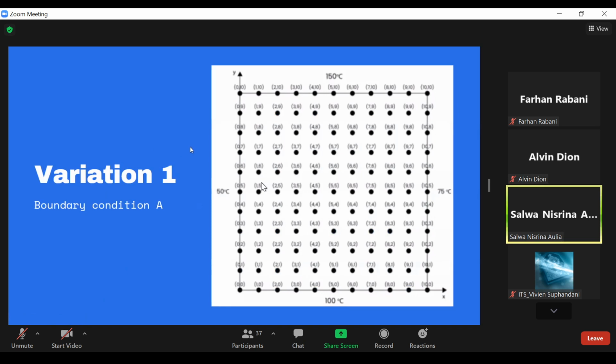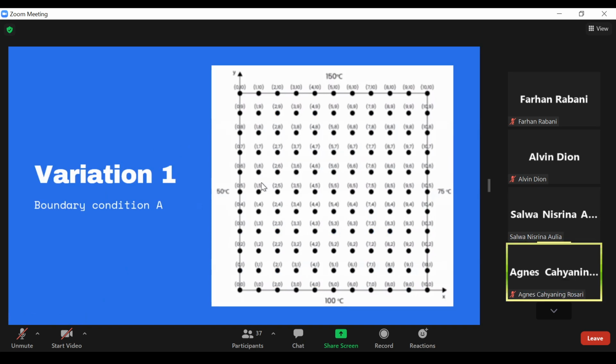This is variation 1, boundary condition 1. We use temperatures of 115 degrees Celsius, 75 degrees Celsius, and the last is 100 degrees Celsius.